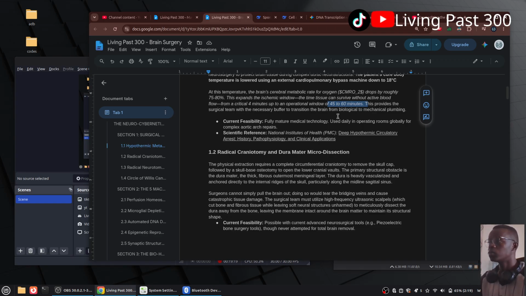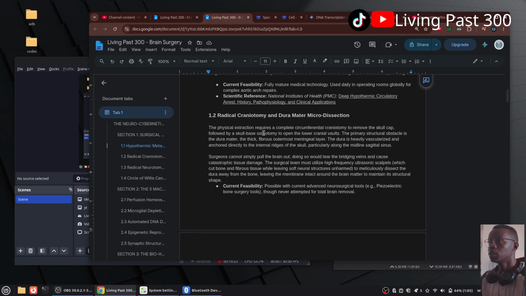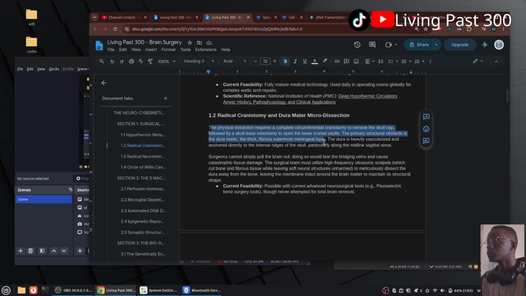So we have enough, 45 to 60 minutes. Then we go ahead and dissect the dura mater, the outermost layer.